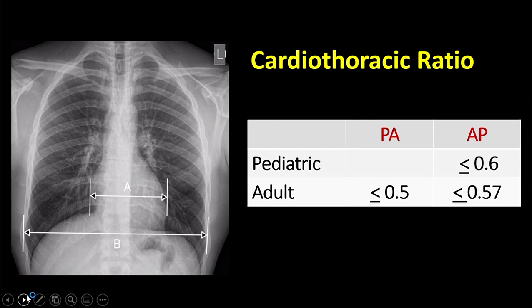Some radiologists would still call 0.52 top normal, then start calling it mild cardiomegaly at 0.53. Nevertheless, for equivocal cardiomegaly, that would be between 0.52 to 0.5. It would be better that you correlate it with other diagnostic parameters such as ECG or 2D echo if it warrants.